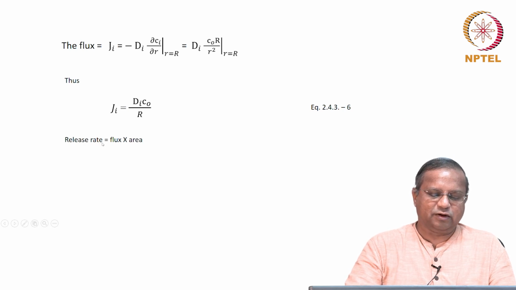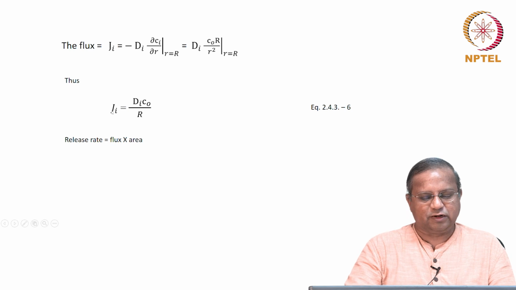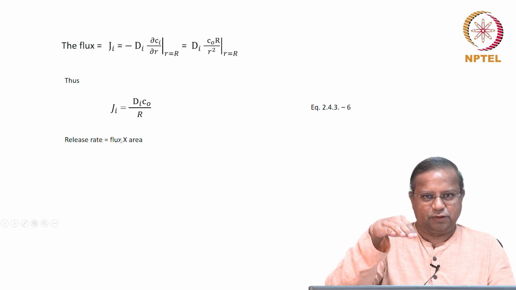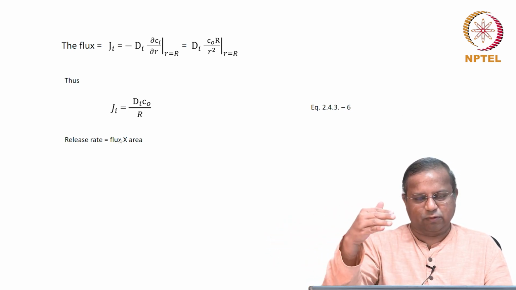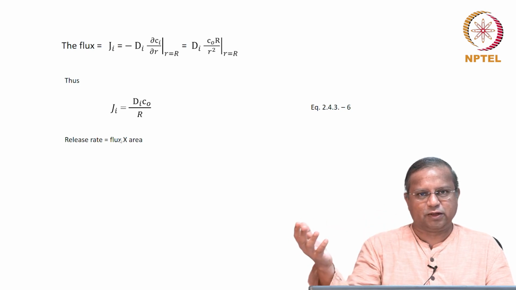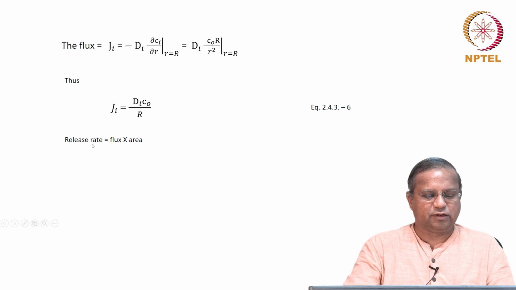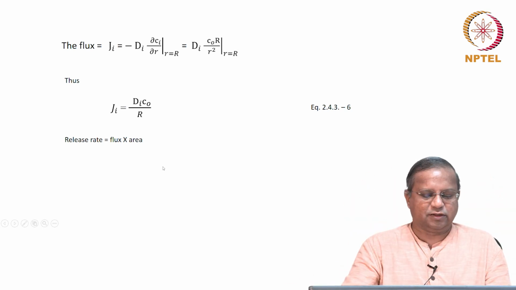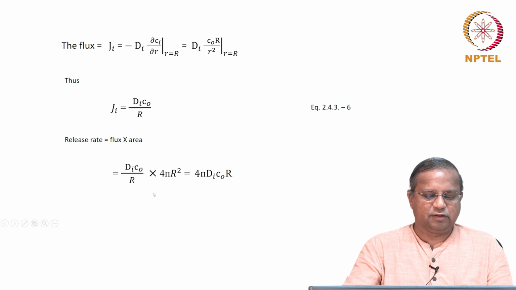We were asked to find the release rate, and we needed the flux to find the release rate, because we know that the rate is nothing but the flux times the area. Amount per time per area is flux. You multiply that by the area, then you get amount per time, which is actually the rate, and in this case the release rate. So, flux is this multiplied by the spherical area, in the sphere of influence, we get D_i C_0 by R times 4 pi R squared.